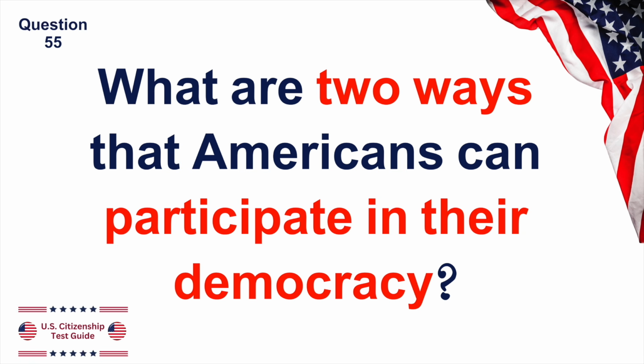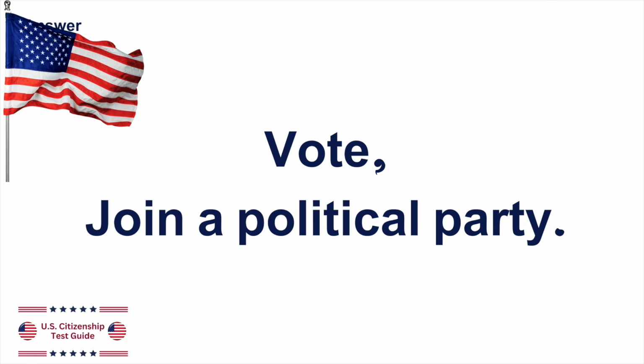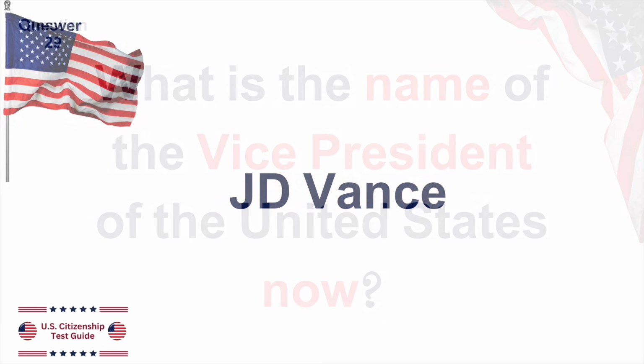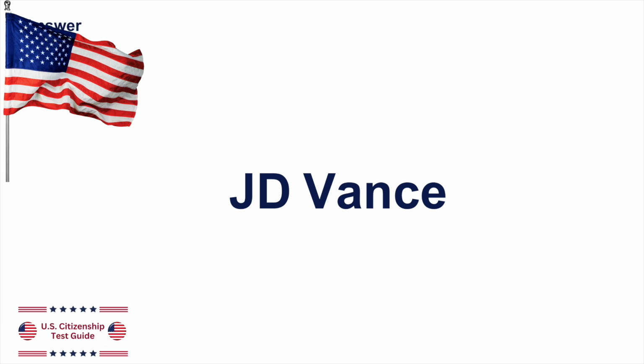What are two ways that Americans can participate in their democracy? Vote. Join a political party. What is the name of the Vice President of the United States now? J.D. Vance.